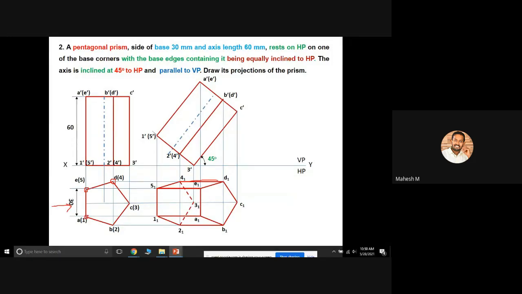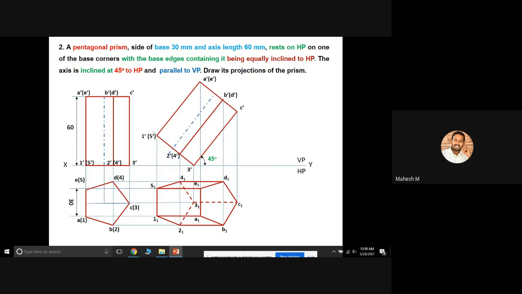So you can connect A and 1 with a thick line and B of 2 is also visible. So you can connect B and 2 with a thick line. But this particular point C of 3 is not visible. If you are looking from left to right, C of 3 is not visible. So you have to connect this C and 3 with the dotted line. Like this. So this is the end of this particular problem.